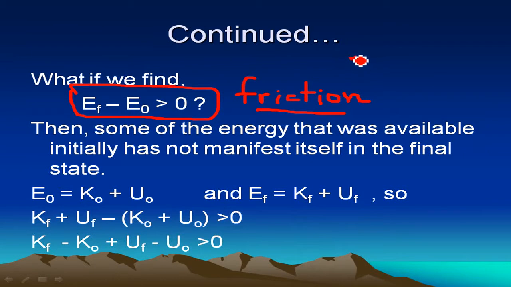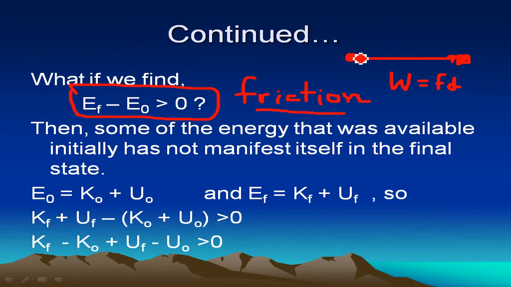For instance, let's make this a crate, and we're looking down on the top of the table. We're going to move that crate from this position straight across to the final position, and we'll allow there to be friction. And you could calculate the work that you would do by multiplying the friction that you have to overcome times the distance d.